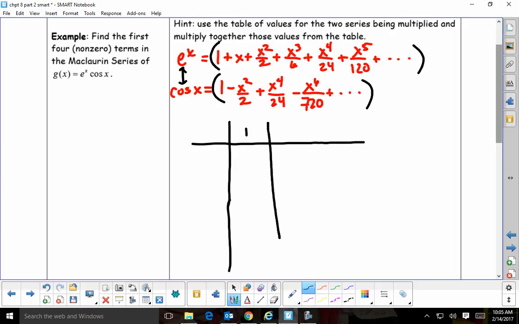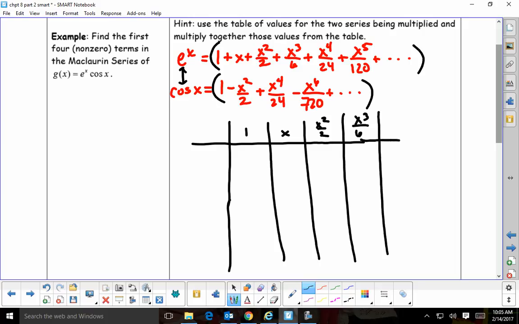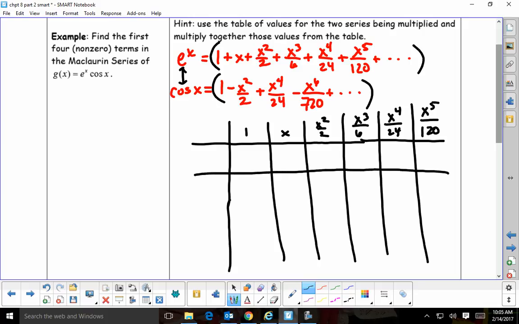It's so much easier to keep organized if you write out your terms in a table. So here is my e to the x, and then I'm going to put my terms of cosine over here.